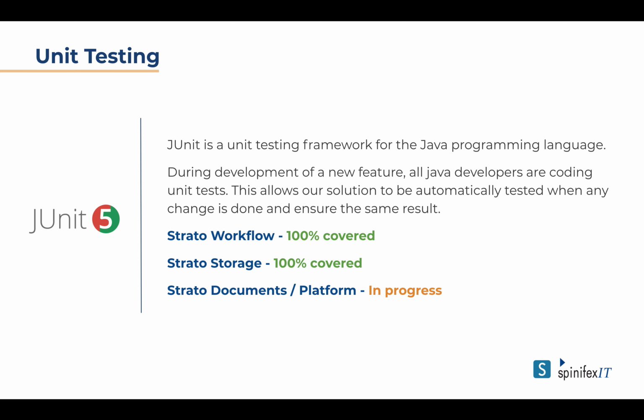For example, if another developer goes into the code in the future and changes something because he needs a change in the way Strato is handling something, Strato will self-run all these JUnit tests and check if the result is the same as before. Okay, so this allows us to catch bugs before they're even sent to other developers.